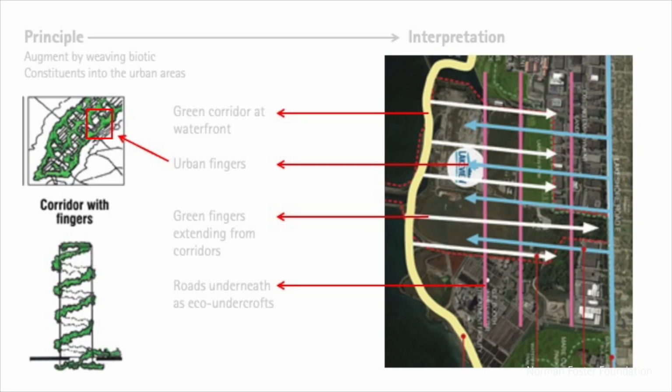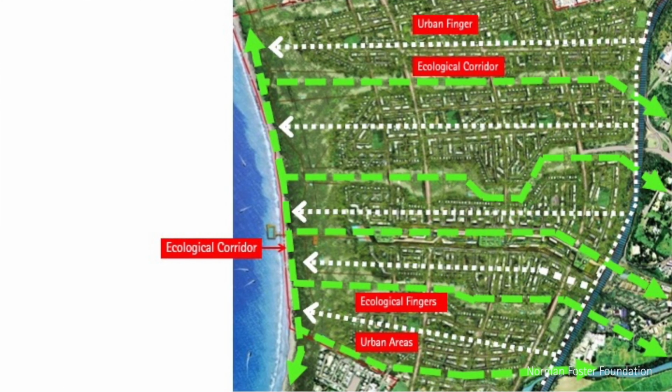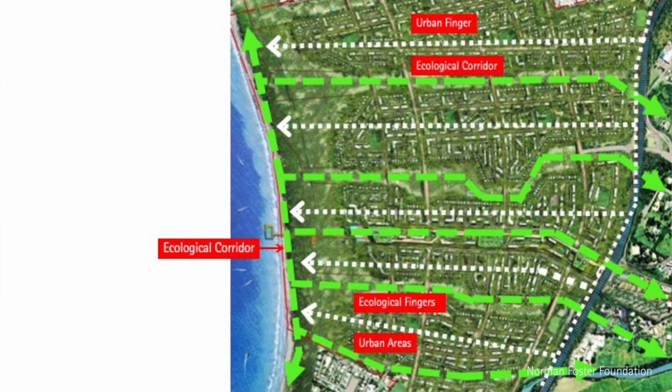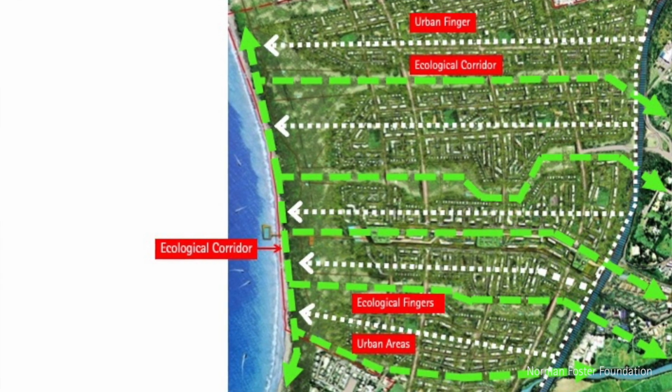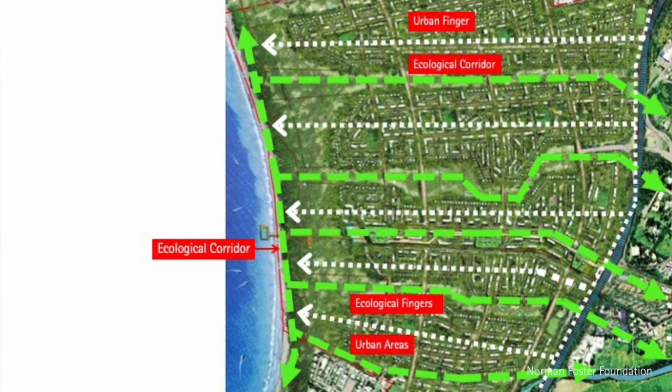This is the pattern that you can see on the left-hand side. We have a series of corridors and fingers that eat into the built environment. And this is the pattern we did for Reunion Island in the Indian Ocean, which is east of Madagascar. What we have is a series of green fingers which eat from the waterfront, which is the corridor, and the fingers eat into the built environment.